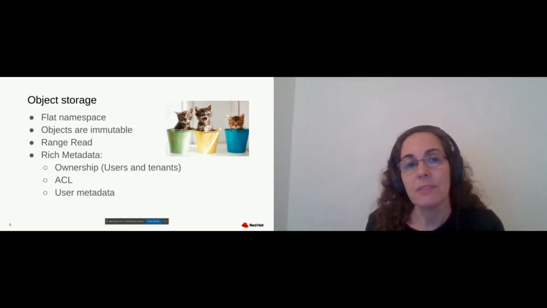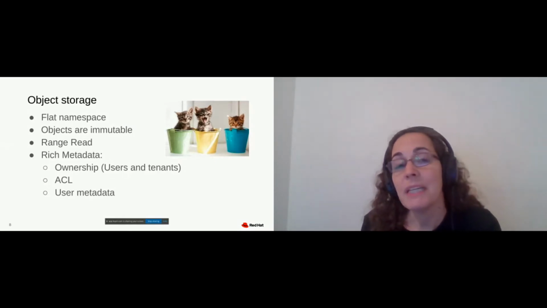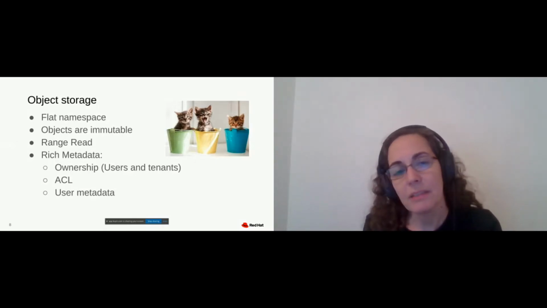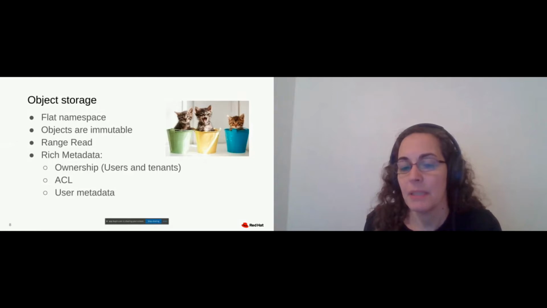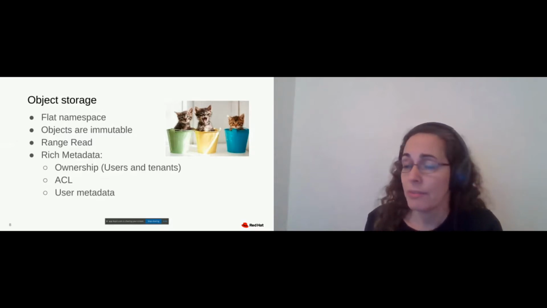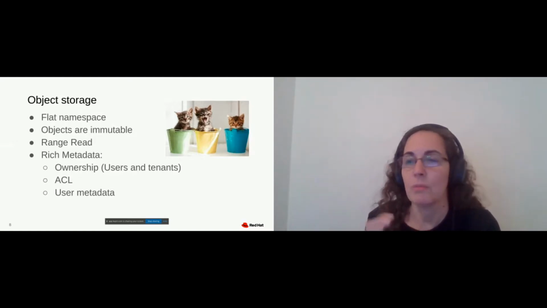The second difference from files is that objects are immutable. What do I mean by immutable? I don't mean that objects cannot be changed or updated, but the way we update them is as one entity. You cannot update a part of the object, you overwrite it completely. You can, of course, read any part of the object, a range read, whatever you want, but when you write an object, it's always the full object.